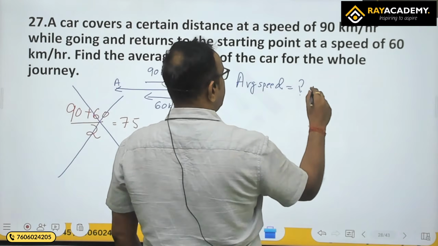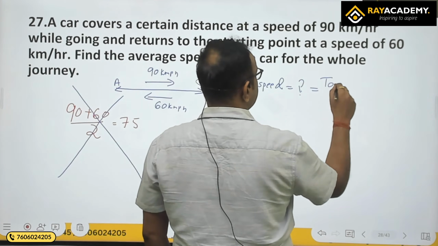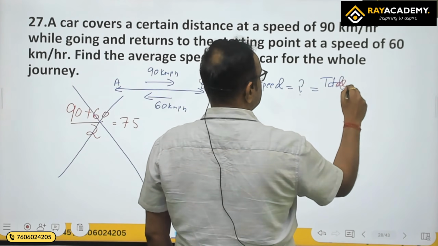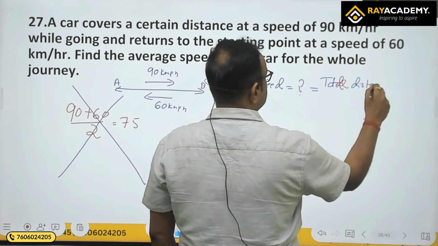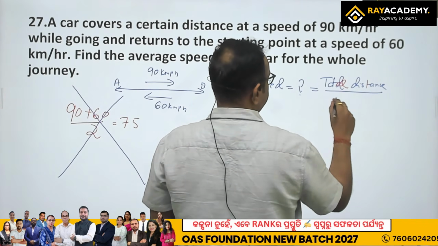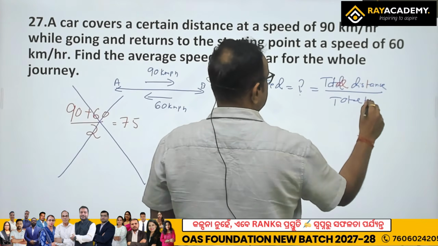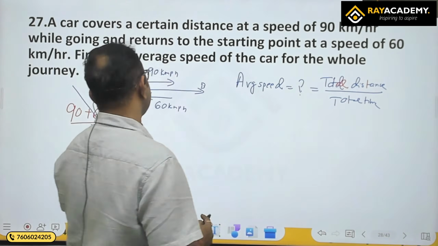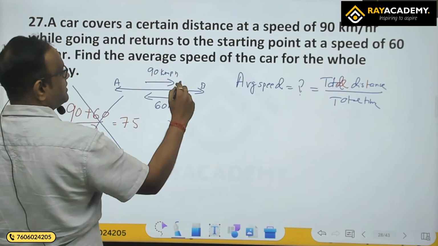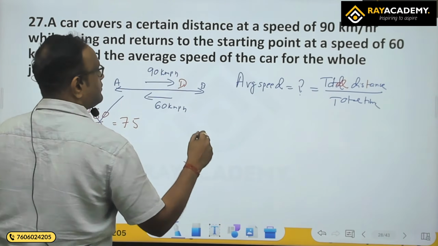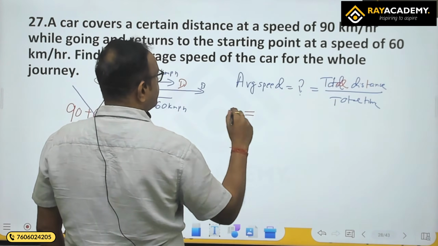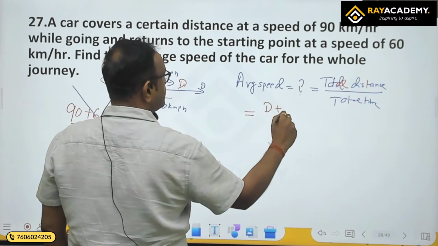Average speed is always total distance by total time. We can assume that the distance is d. So for the onward journey and return journey, the distance is d plus d, that is 2d.